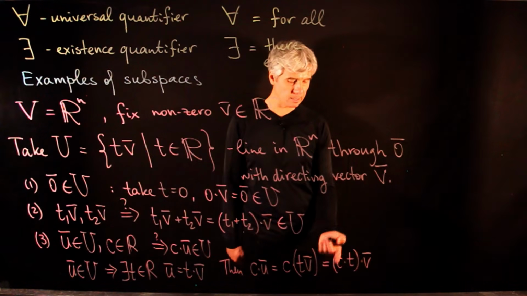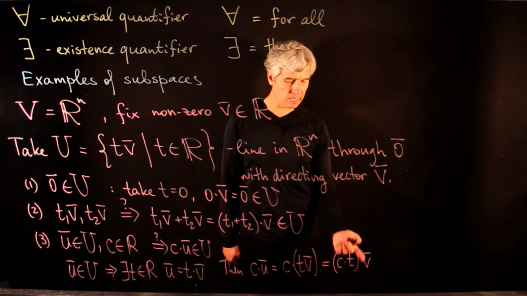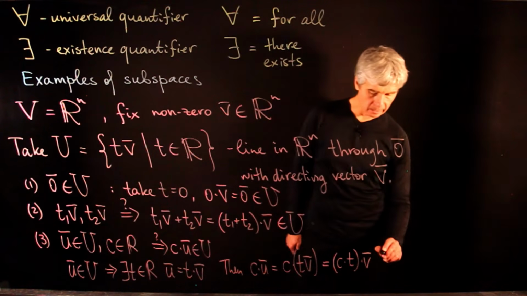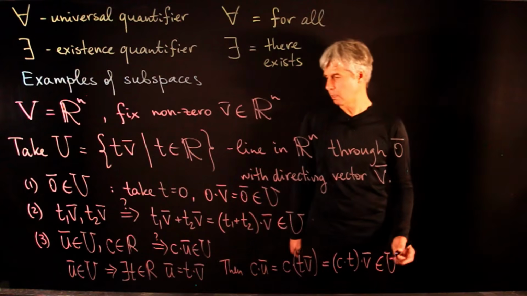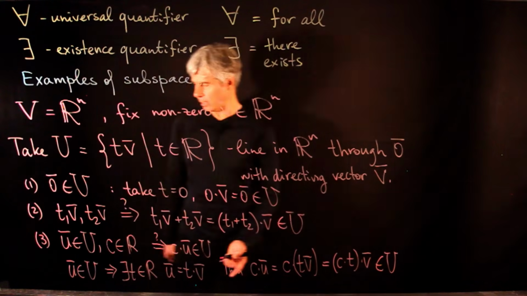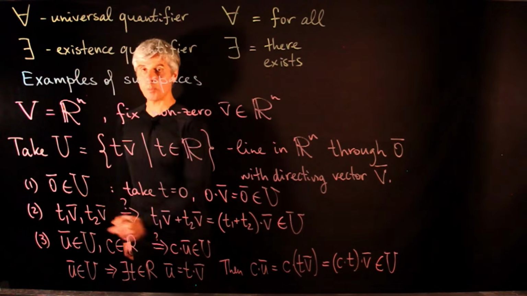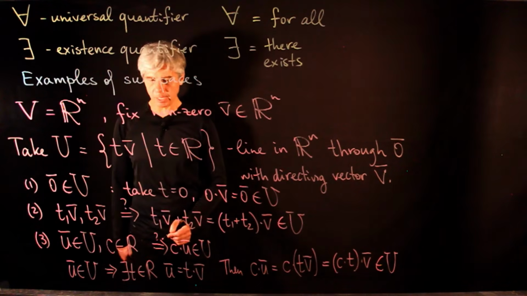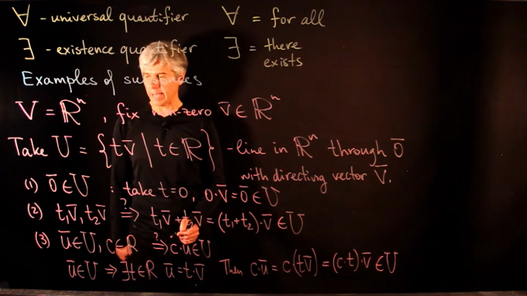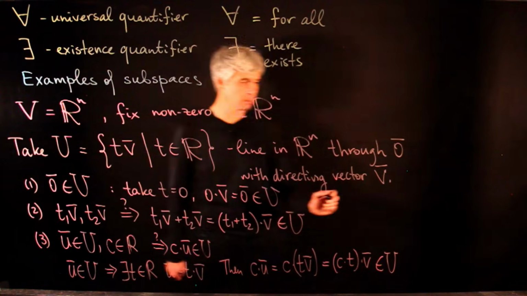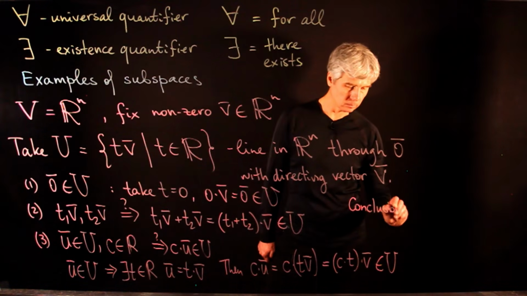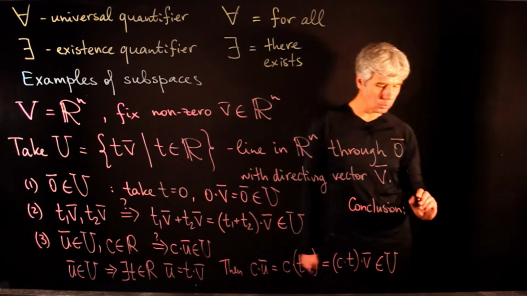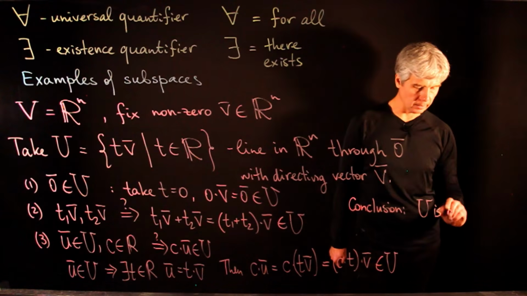So what we see is that this is a scalar multiple of the vector V, and so this is an element of the set U. So we conclude that all 3 properties of a subspace hold here. And so the conclusion is that U is a subspace.